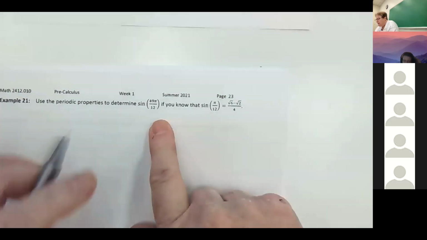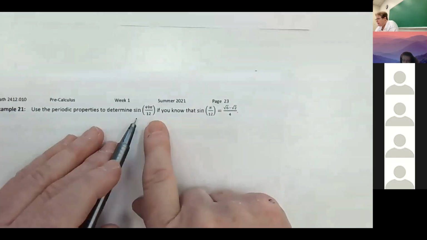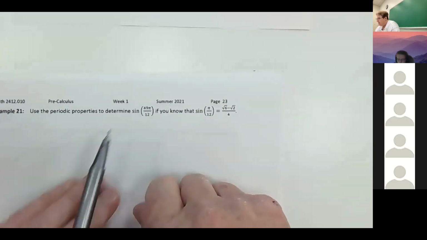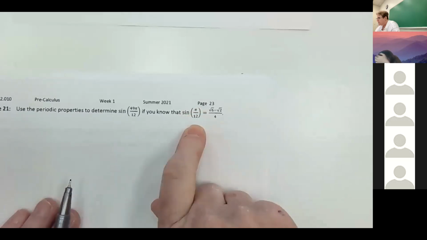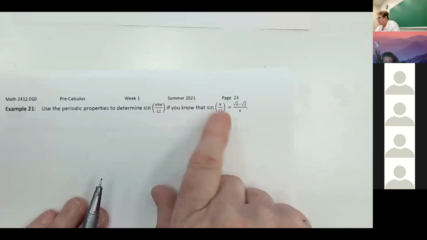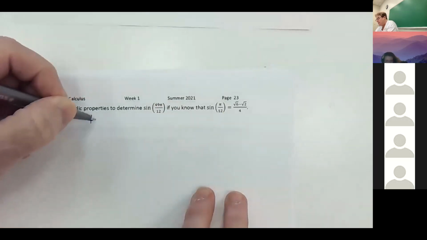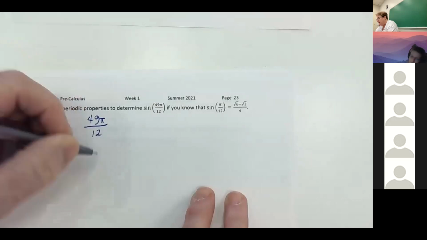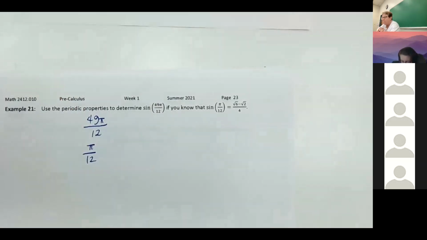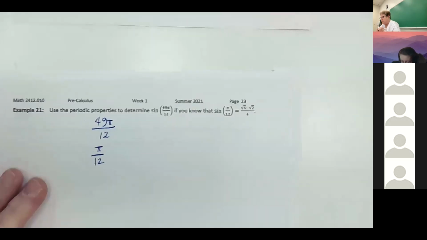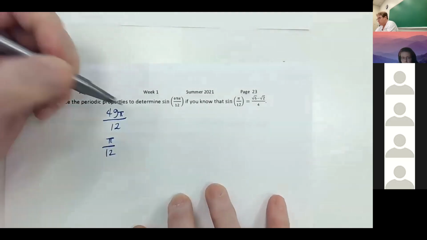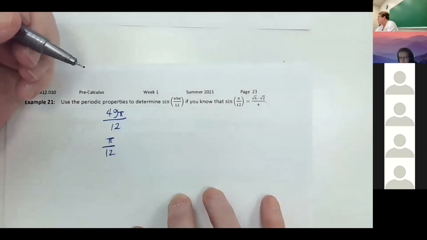So first, what if we want to find the sine of 49 pi over 12, and we know the sine of pi over 12? How can I relate those? 49 pi over 12 and pi over 12. That's 49, I guess, rotations, and that's an odd number.